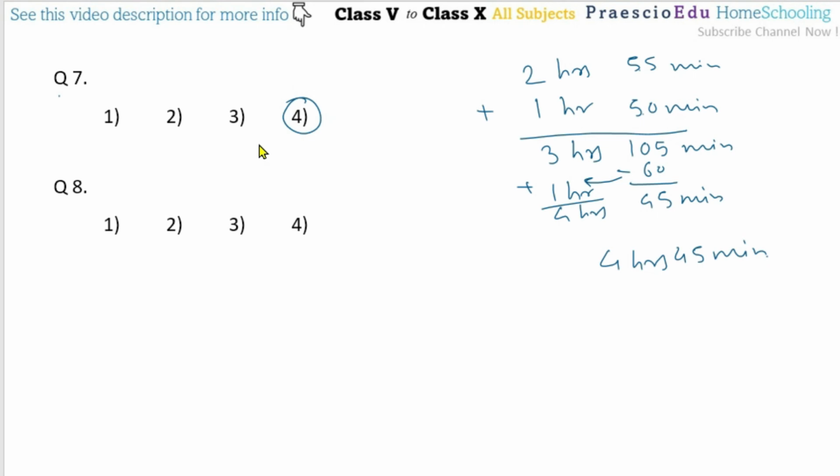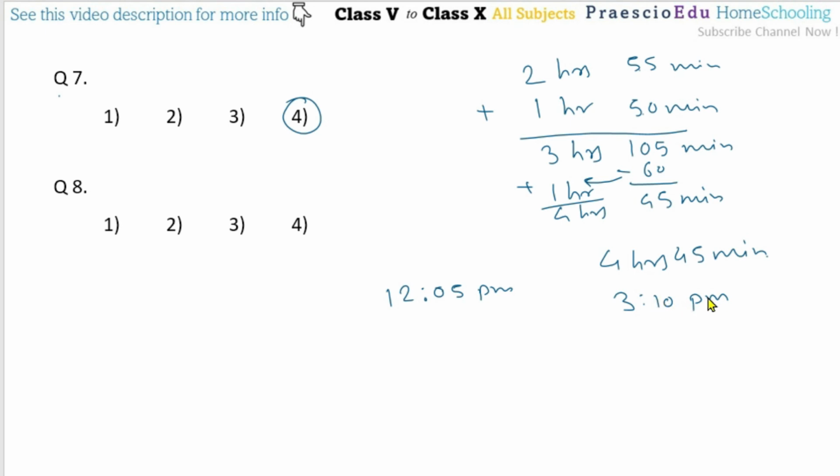Now question number 8. A drama started at 5 minutes past 12 noon. Past means after 12, so 12:05 p.m. It lasted for 3 hours and 10 minutes. Lasted means that is the ending. At what time did the drama end?